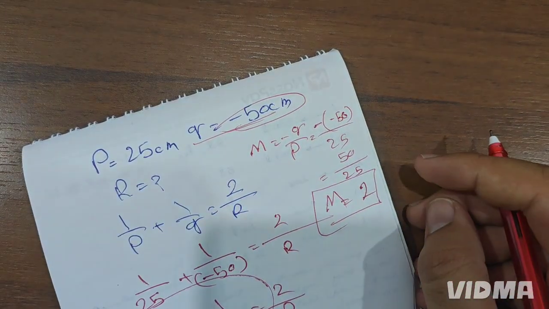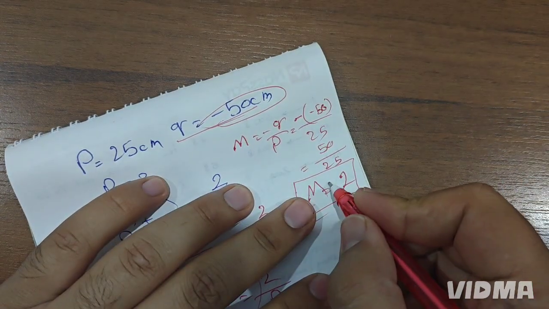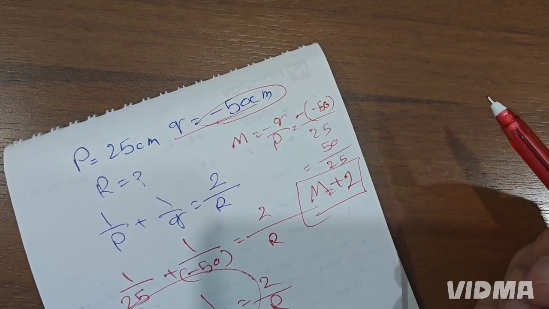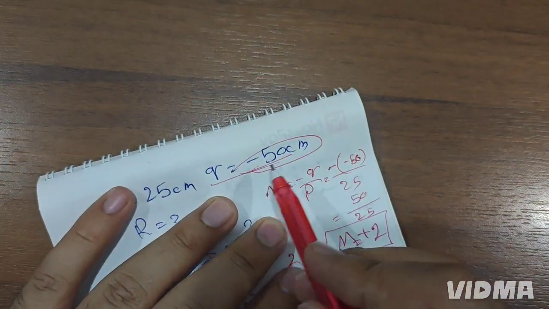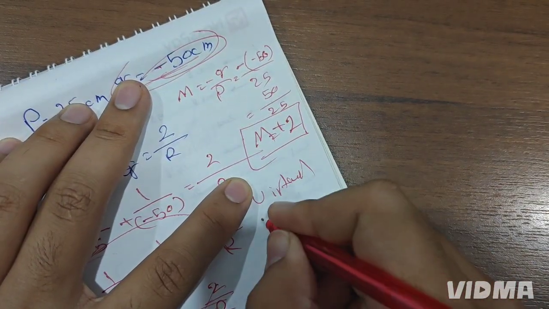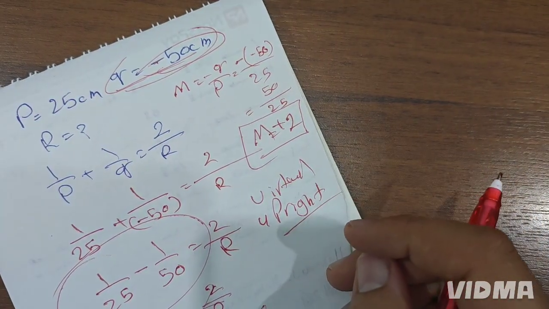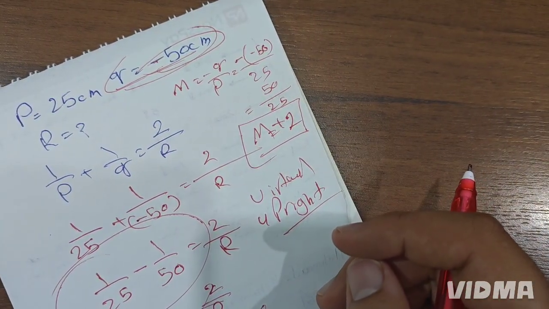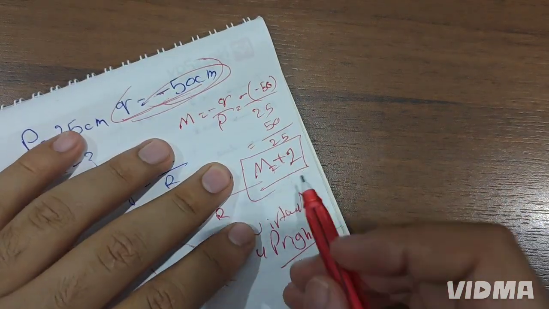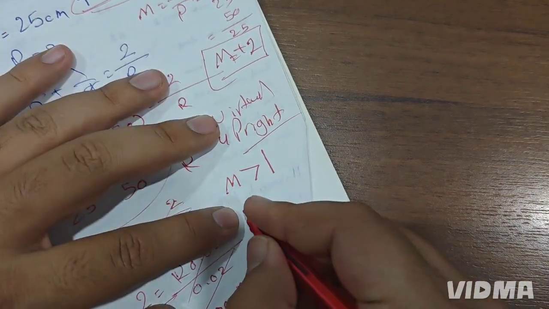Magnification equal to 2. Because the answer is positive, and the question said is the image real or virtual, of course the image is virtual because here you have negative sign for q. Virtual, and because virtual, the image is upright. And students, if the magnification is greater than 1, the picture is magnified.